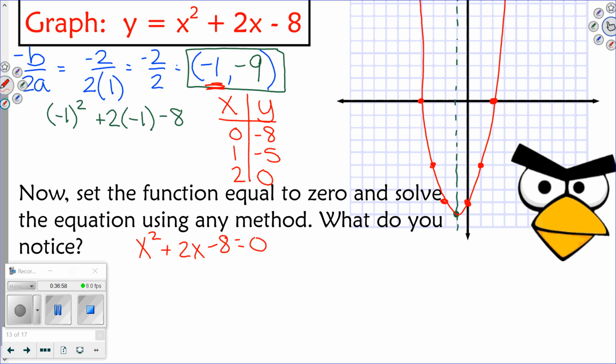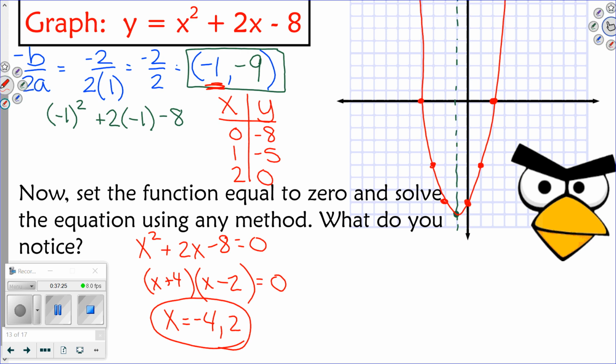You're plugging it equal to 0 and seeing what happens. So if I would factor this, my last one's negative, so what are my signs? Opposite. X and X. Good. +4, -2. So what would you tell me x equals? -4, +2.